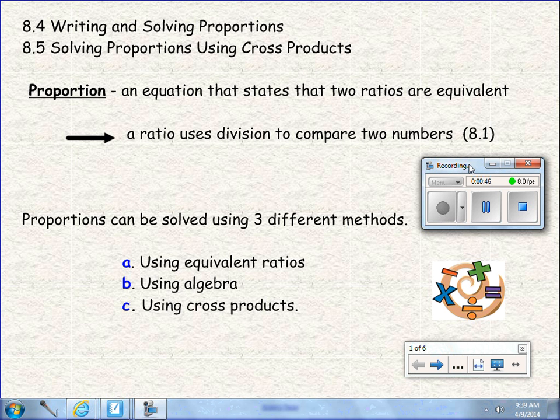Those three sets of terms are what you need to be familiar with, because you will see questions saying, solve this proportion using algebra. And in order to get full credit for it, you've got to show the steps using algebra. If it says solve it using equivalent ratios, you will have to show it using that step. Now I'm going to show you how to use each of those methods.